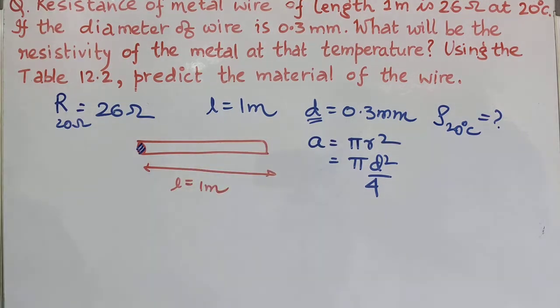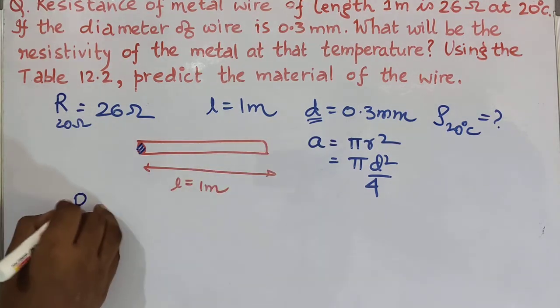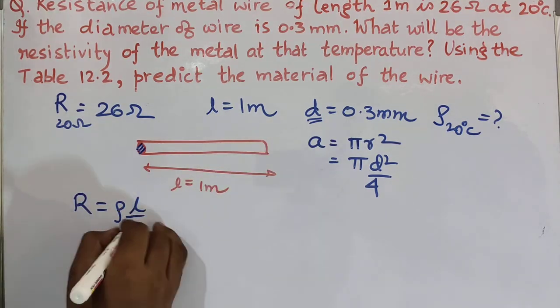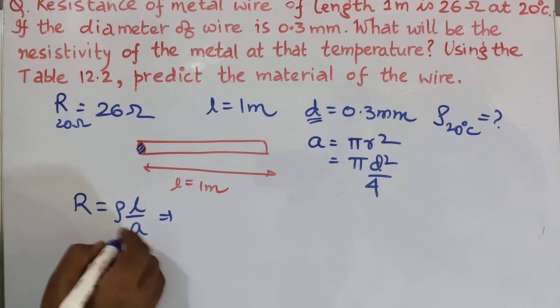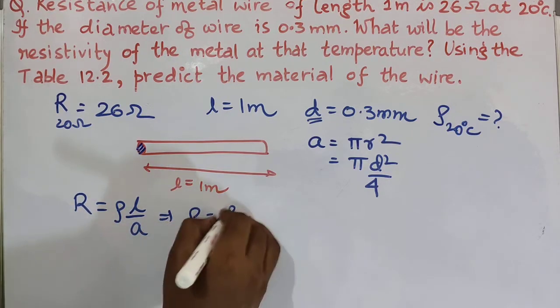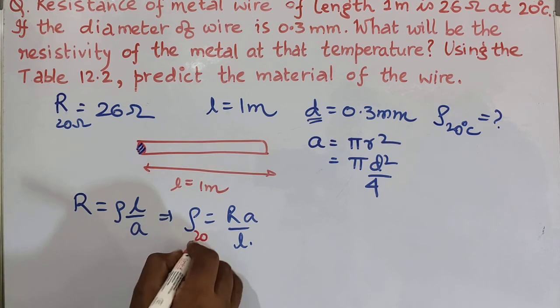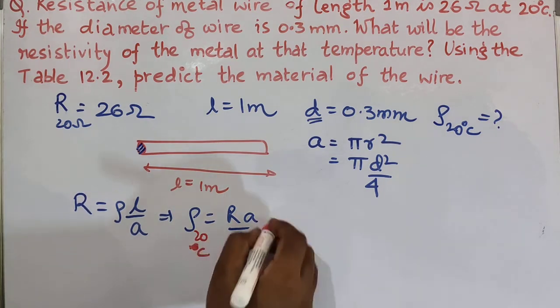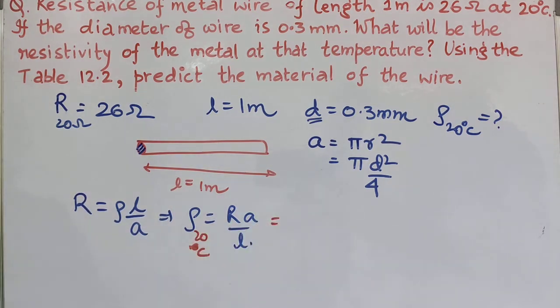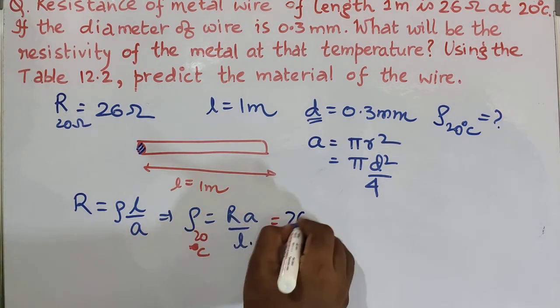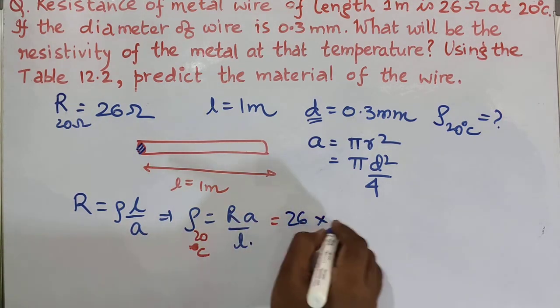So by the formula R is equal to rho L by A, can we find rho? So rho is equal to RA by L. What is the value of R at 20 degrees Celsius? 26 ohms. What is the area?